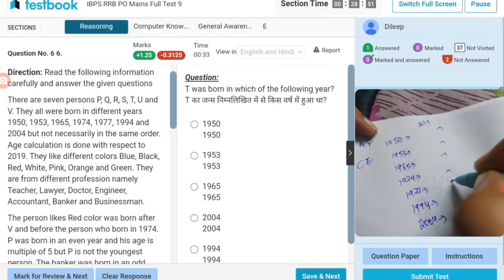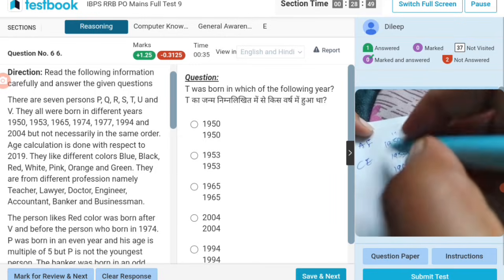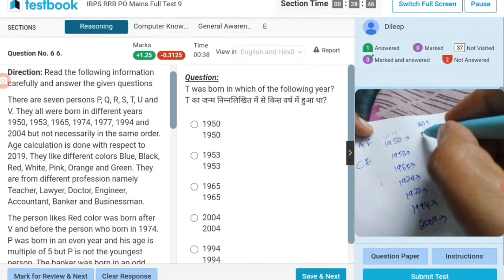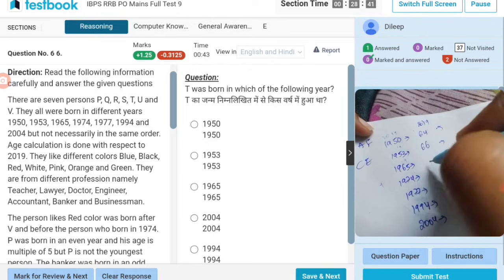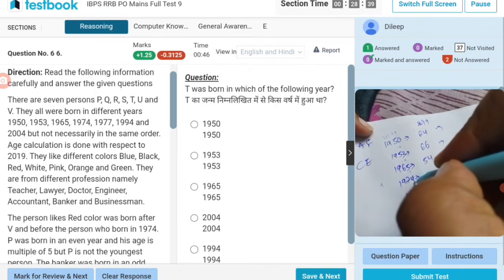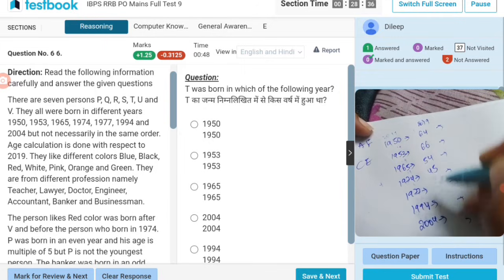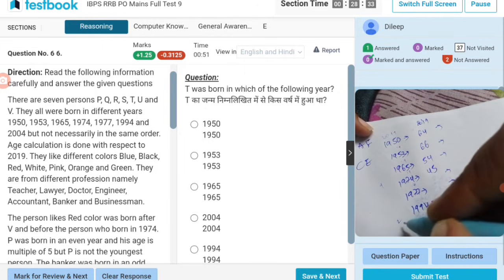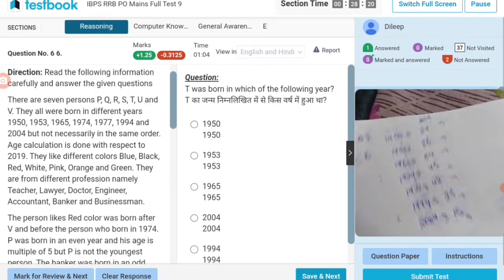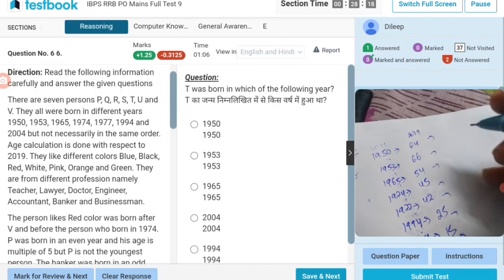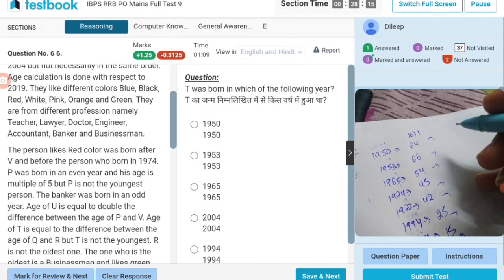Okay, so 69, 66, 54, 45, 42, 35, and 15. And they like different colors, and also each and every one's profession is different.